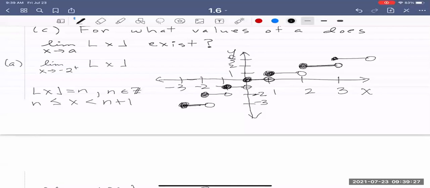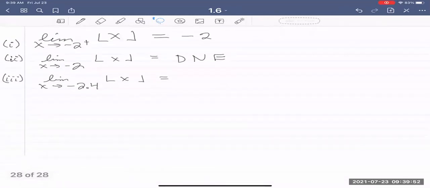Negative 2.4 is somewhere around here. So I want to approach it from both sides, this way and this way. Notice near 2.4, all my y values are negative 3. Therefore, the limit as x approaches negative 2.4 is negative 3.